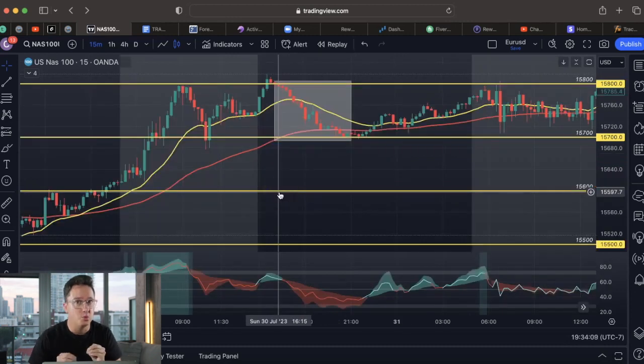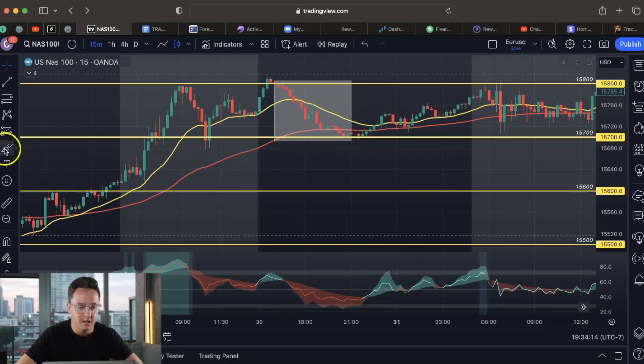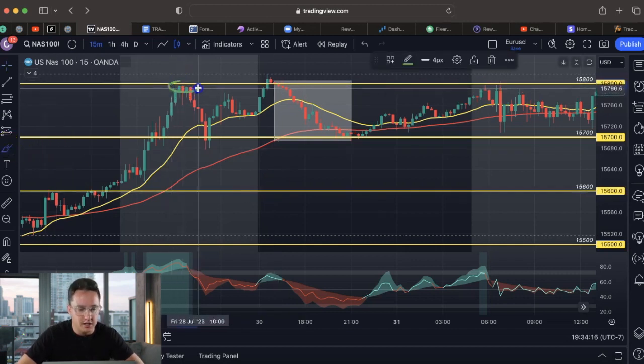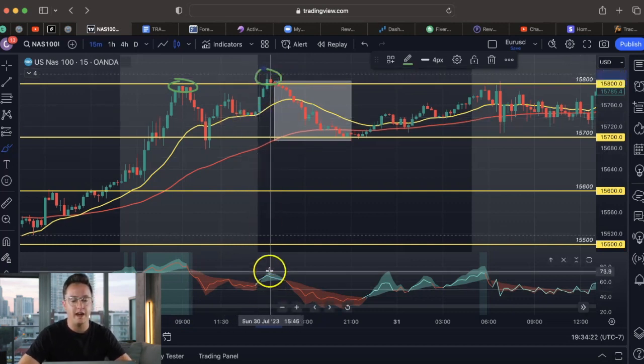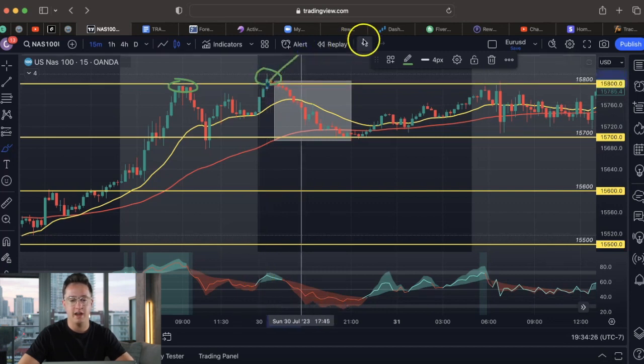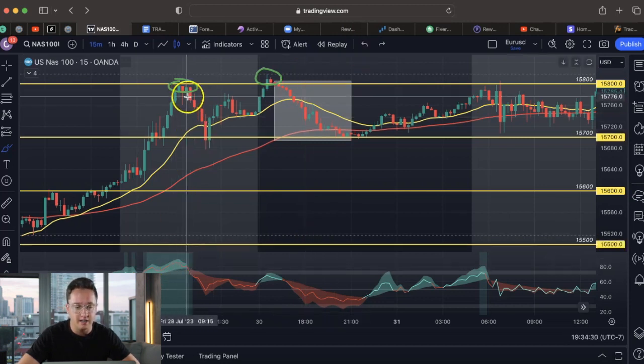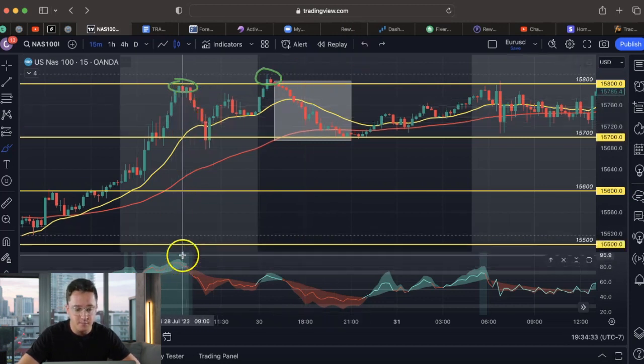Okay, here is a really nice example. I'm going to mark it up for you guys and then explain it. We have this resistance right here. Then we have this resistance right here. If I were to have seen this in the markets without the RSI Plus, I would think it's going to keep running up. I think a lot of you would think the same thing. But look at the RSI at this point of resistance.